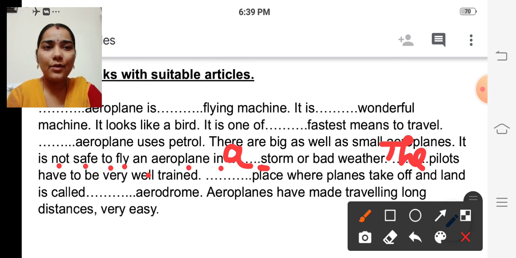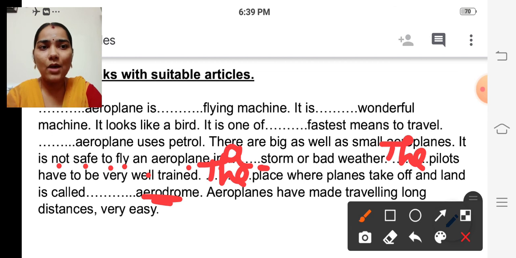Dash place where planes take off and land is called dash aerodrome. Here also they talk about a particular place, isn't it? So which article should come? The place, isn't it?